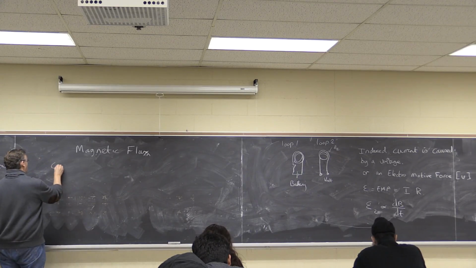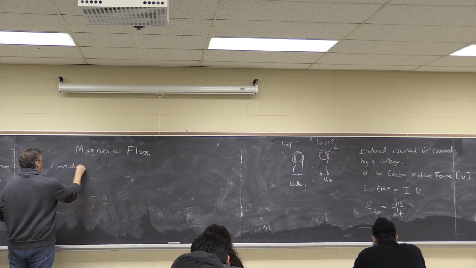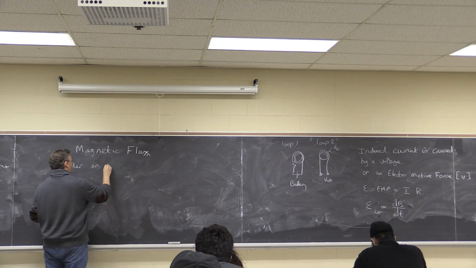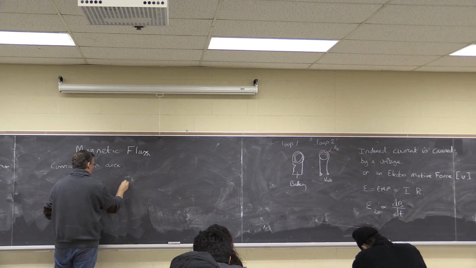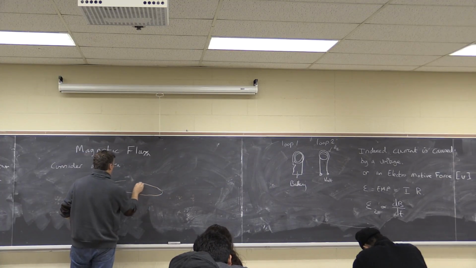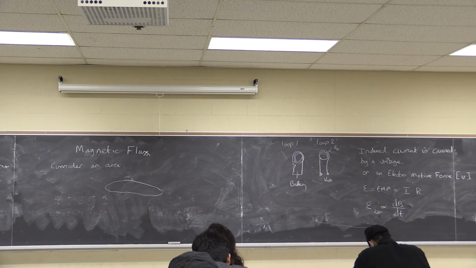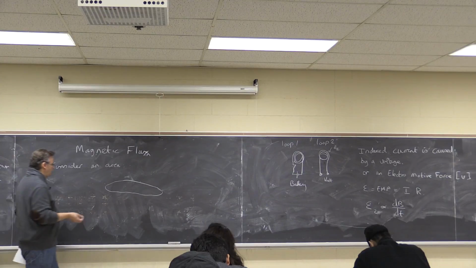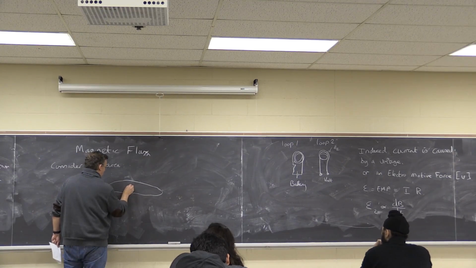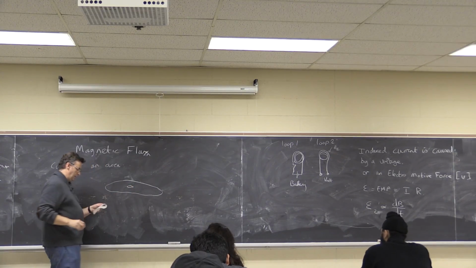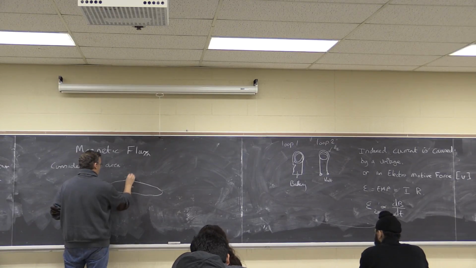So consider an area, and we can just draw a general area. Clearly we'll use a sphere or a square box or a flat surface at some point. And we can define the area vector as pointing normal to that.